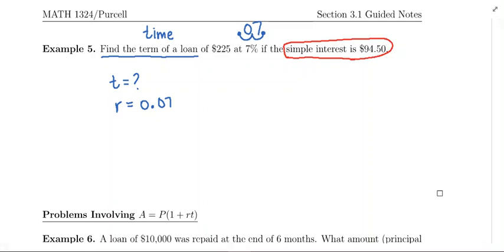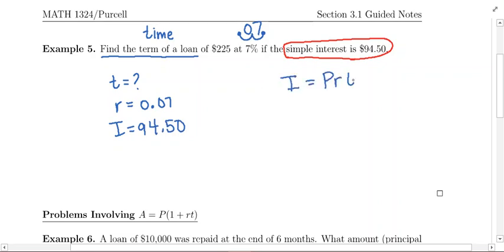So that's your I value. As soon as you make that identification, you know you need to be using I equals P times R times T, and not this formula, because the formula with the A does not involve an I value. You want the formula with the interest value.